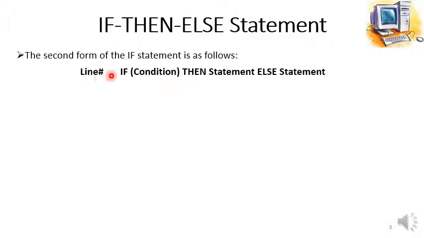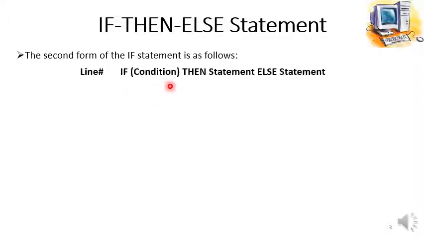If the condition is true, then the statements following the then keyword will be executed, and if the condition is false, in that case the statements following the else keyword will be executed. So here we are making one of two decisions.